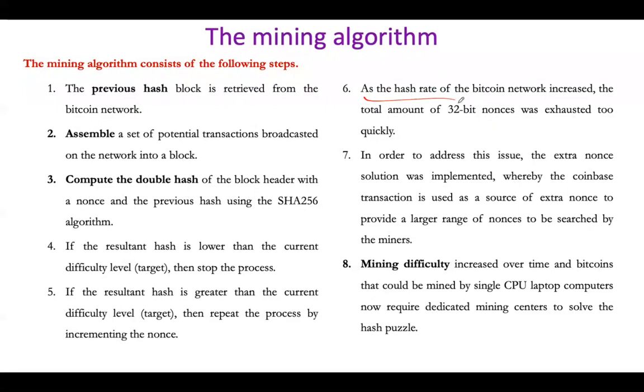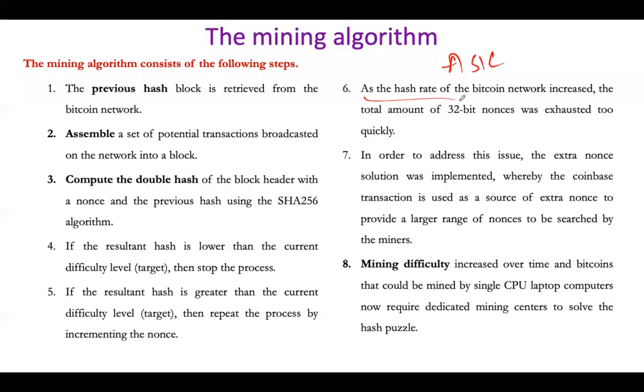In the early days of Bitcoin it used to be quite small as CPUs were used, but with dedicated mining pools and special architectures like ASICs, application-specific integrated circuits, used as processors, hash rates have gone up exponentially in the last few years.